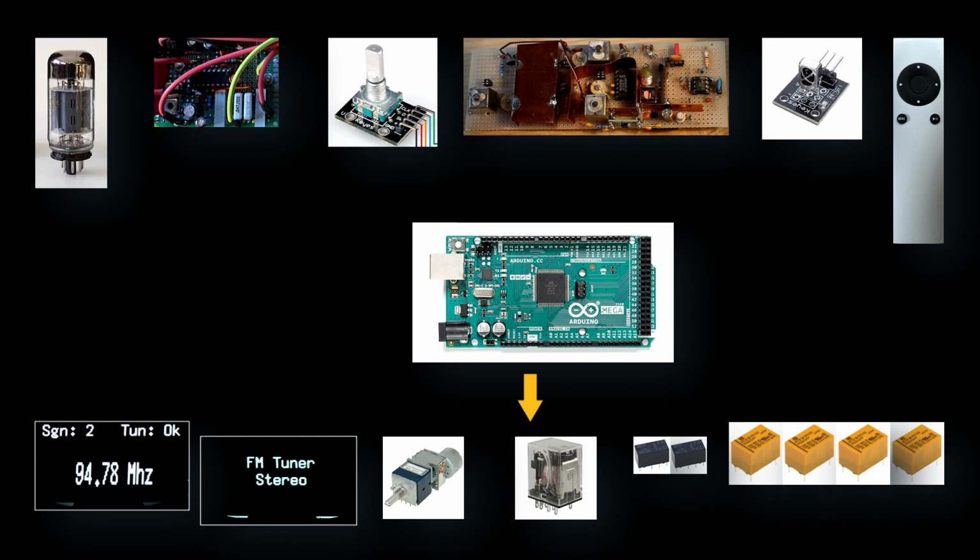Those digital signals are utilized for the display, as you can see here, for acting on the remote volume control, for acting on the main power relays, for selecting the audio input, and so on. In the next sections, we will see in detail how this can be accomplished.